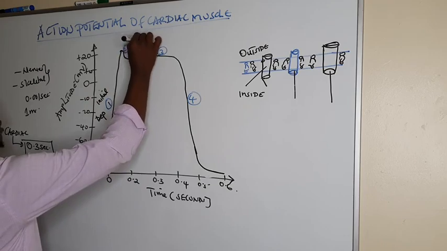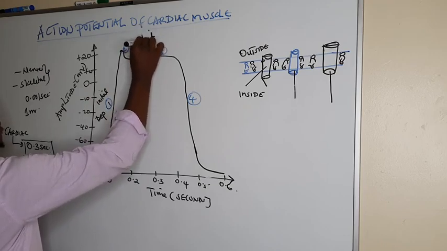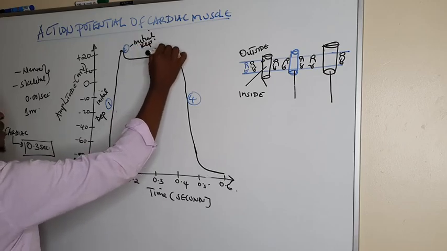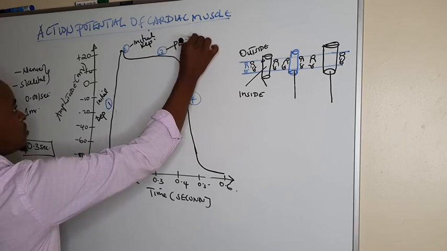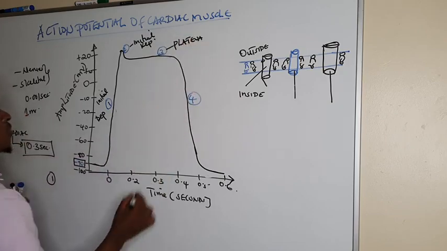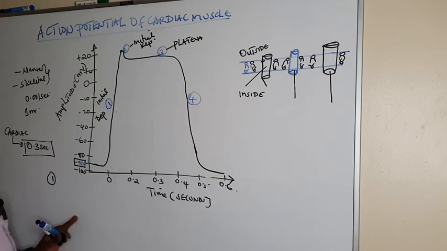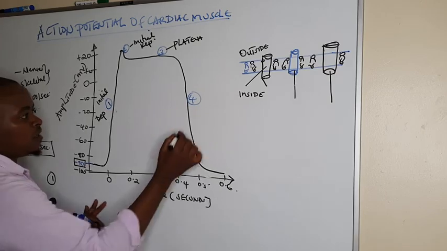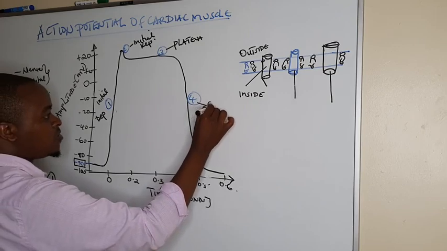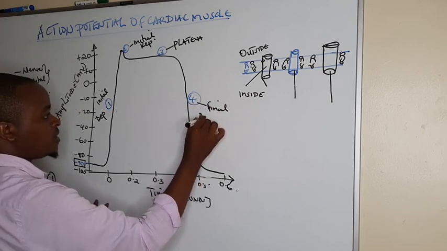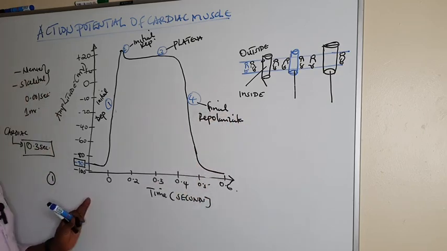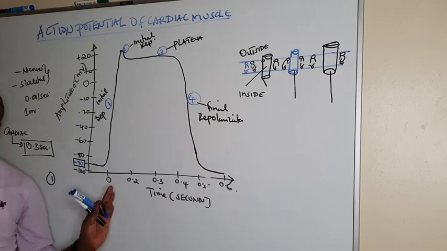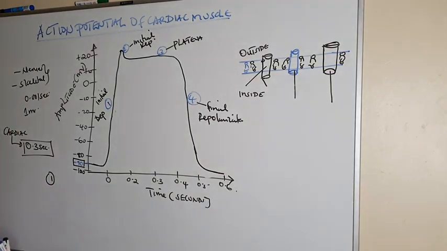Then this is the initial repolarization. Then 3 is the plateau, or you can call it the final depolarization, which is sustained. Then number 4 is the final repolarization. So those are the 4 phases of the excitability of the cardiac muscles.